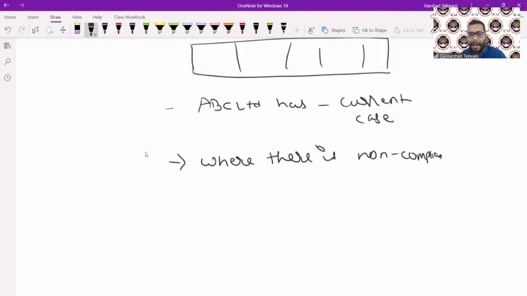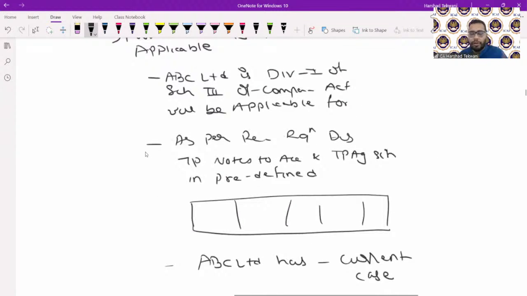You provide that area and explain that this is the area where there is a non-compliance pertaining to these particular guidelines, provision, or in our case, non-compliance to Schedule 3. And hence you can give your conclusion that there is a non-compliance with respect to Schedule 3. Clear? This is how you can draft your answer and present it.